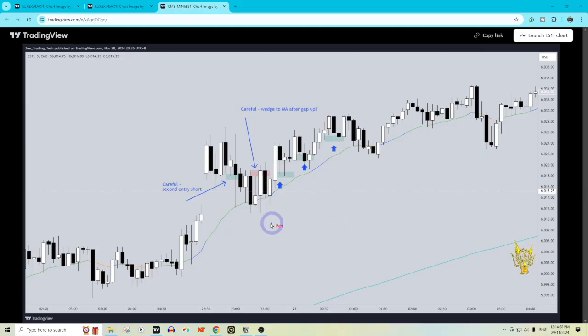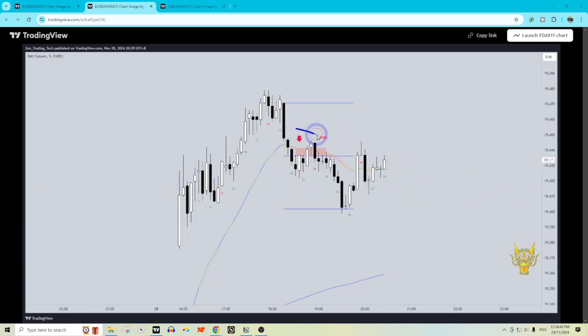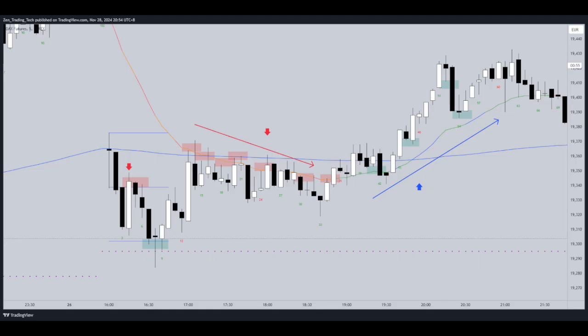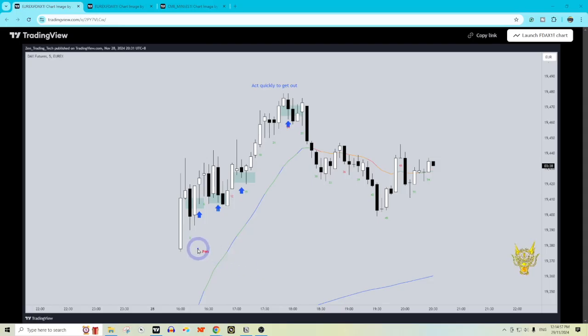You're basically just fading across the moving average. Also notice that all the good entries were on the side of the moving average. This moving average is going up, you're fading entries on the correct side of the moving average.